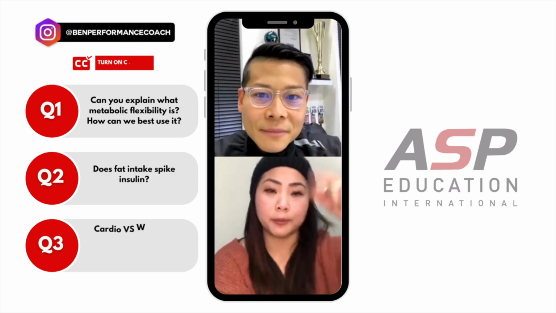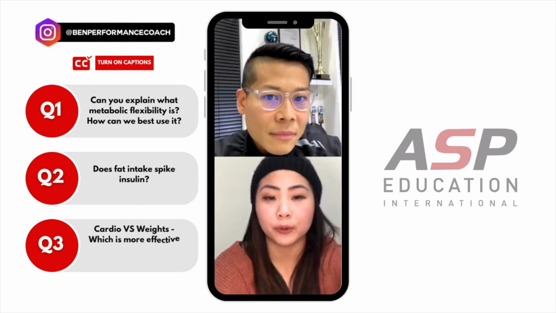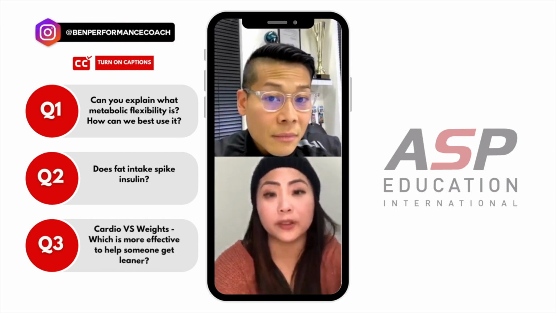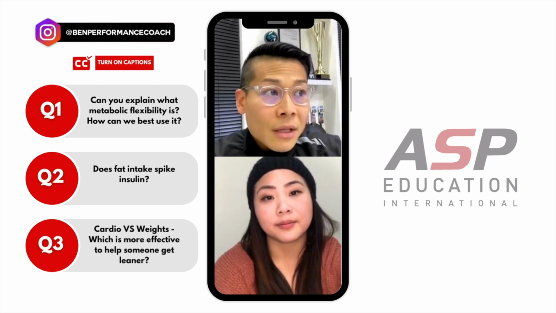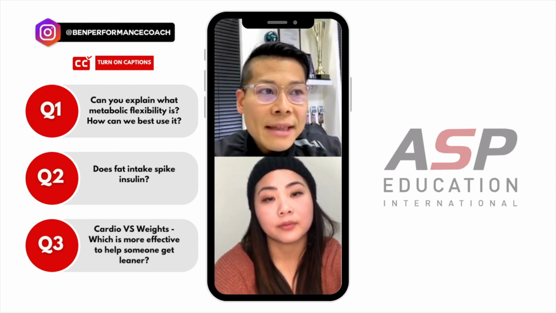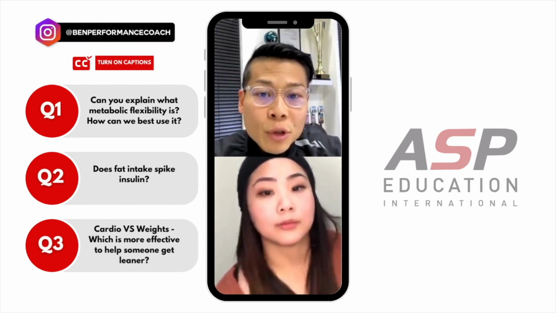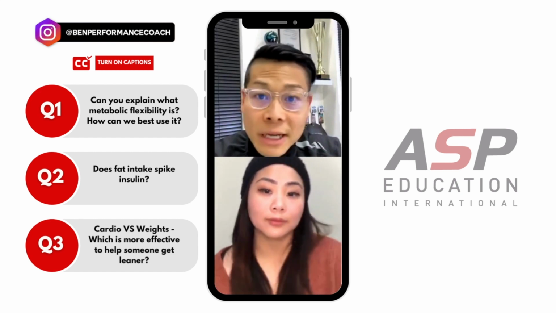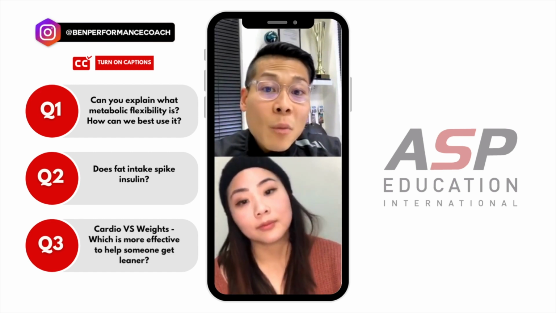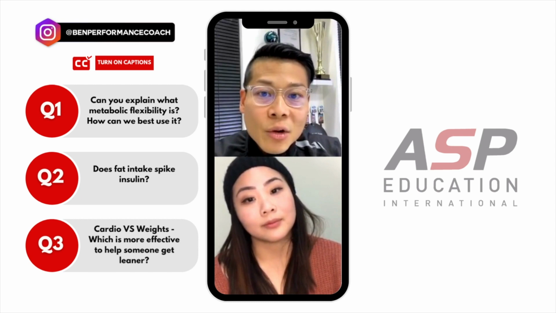So when it comes to body fat percentage, do you prefer someone to do cardio for fat loss or weights to get leaner? Depends on what. The way I look at this is I look at the body type of the individual. There are individuals that will need to push their fat down using cardio absolutely as a tool, and some individuals that will benefit more from less cardio and actually more weight.